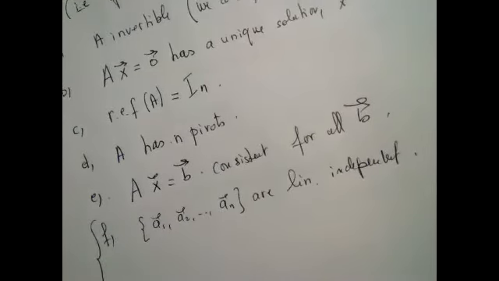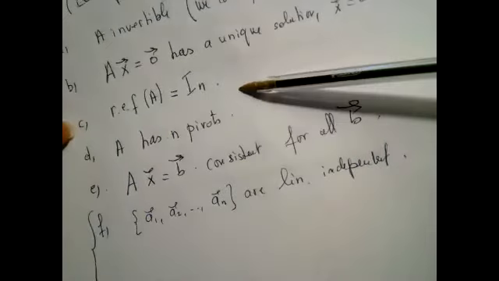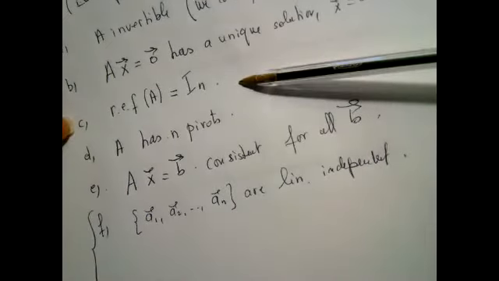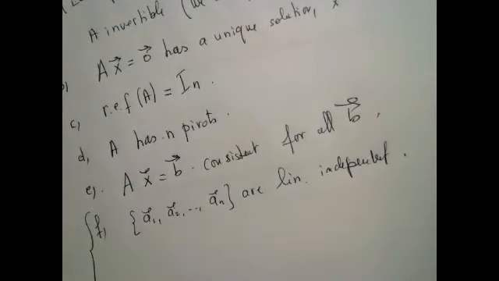Okay, so if the matrix is invertible, the columns have to be linearly independent. It's always the same picture. The invertibility forces the echelon form to be the identity. If the echelon form is the identity, the columns will have to be linearly independent.